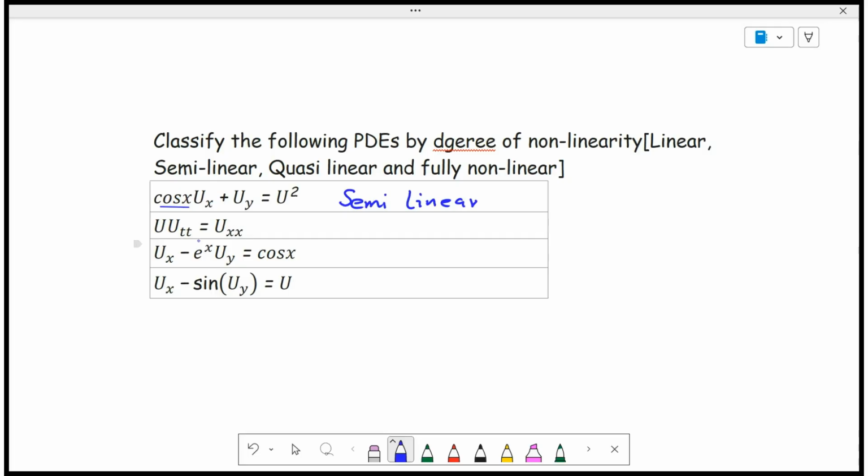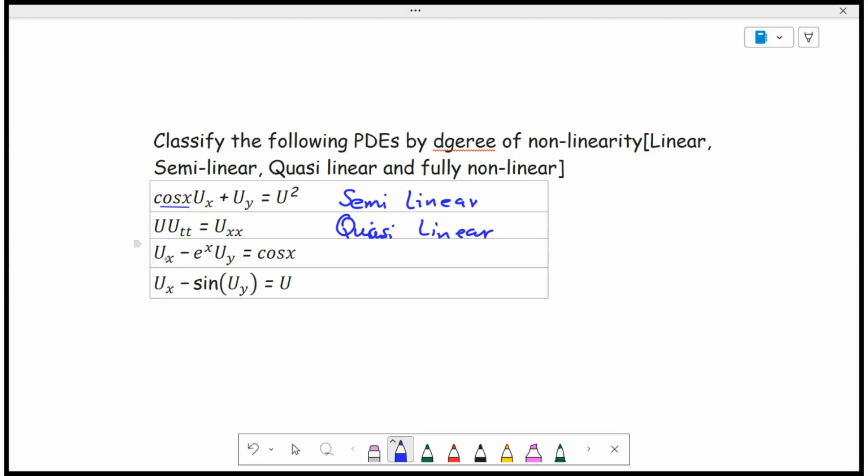And so since it is multiplied by the dependent variable, we can say that this one is also quasi-linear.